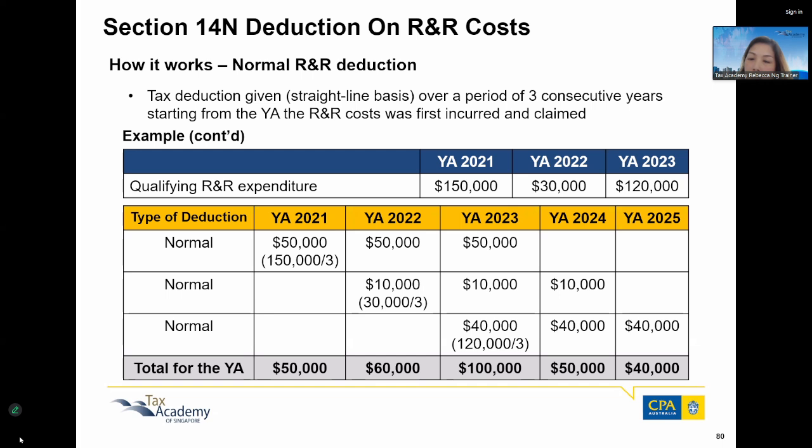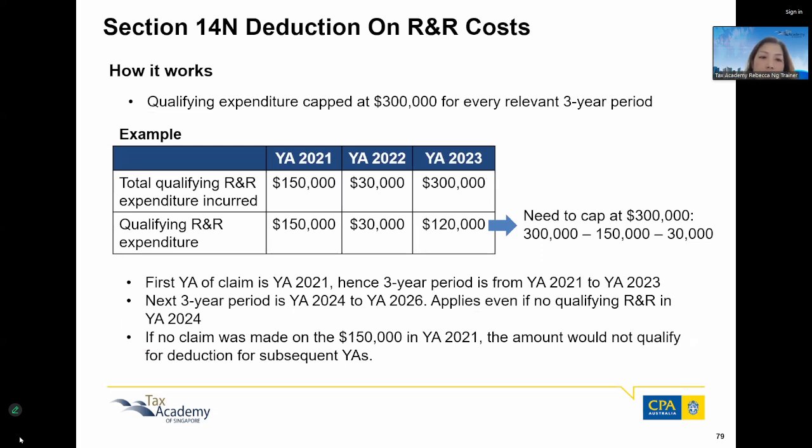Okay, I understand. So the question is, if for the first year of 2021 the company didn't claim, then should we look at YA 2022, 2023, and 2024? The 3-year relevant period is when the company first claimed.